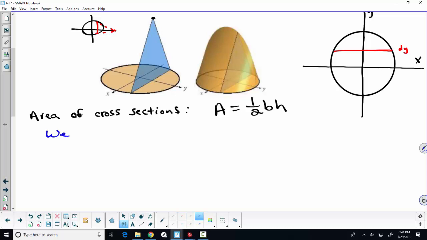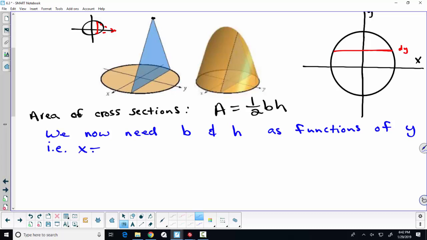So let's note that we now need b and h as functions of y. In other words, we're thinking about finding some equation and solving for x.